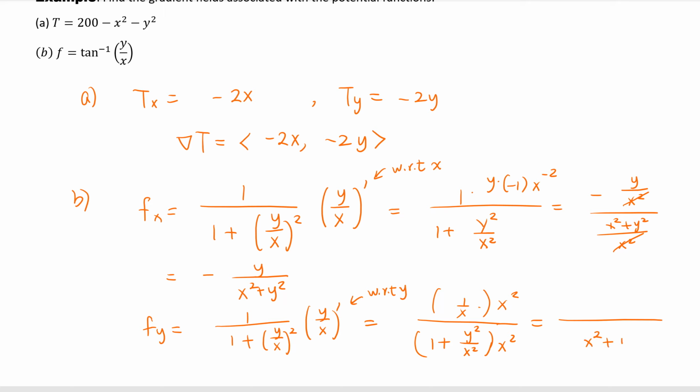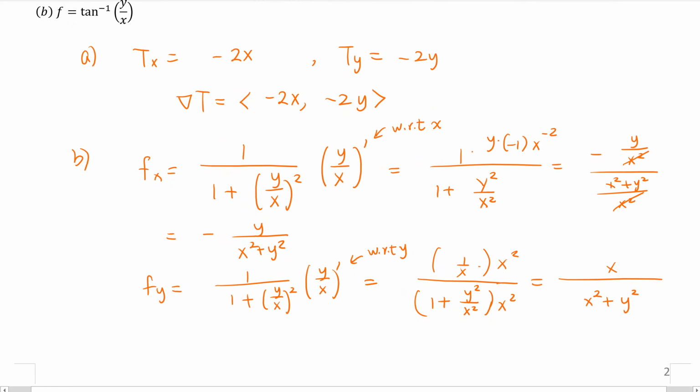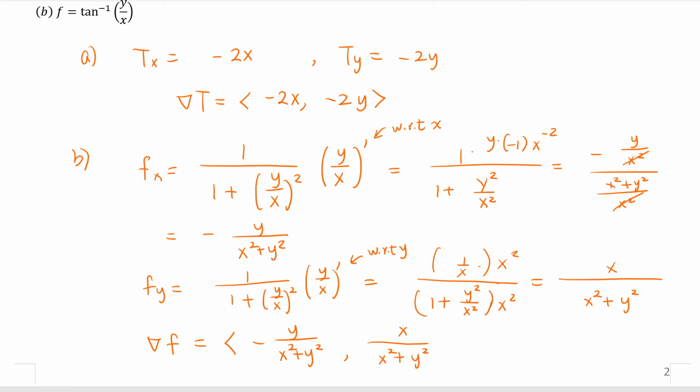So we have x squared plus y squared. Here we have x. So eventually our gradient of f equals minus y over x squared plus y squared, and there we have x over x squared plus y squared. So far so good, everybody.